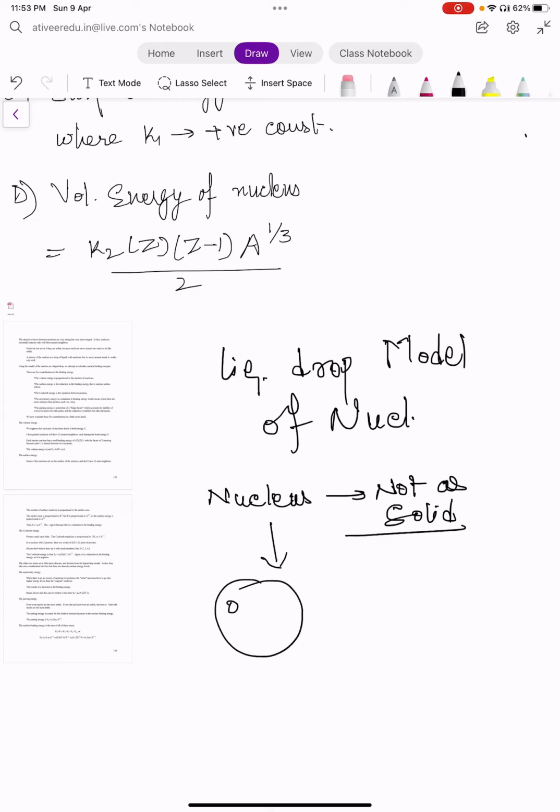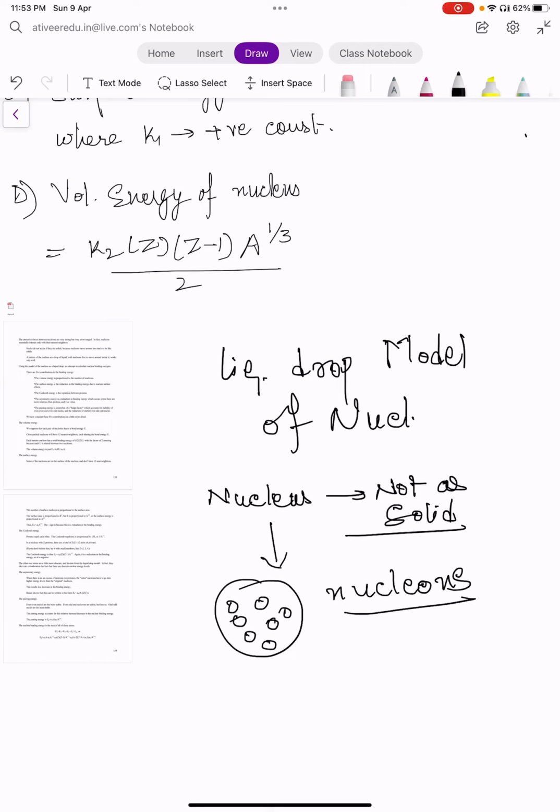The nucleus consists of nucleons, neutrons and protons, which are moving inside the nucleus. So it means the nucleons themselves are behaving as solids. Now, if we consider the whole nucleus as a solid, then it is some solids inside a solid.